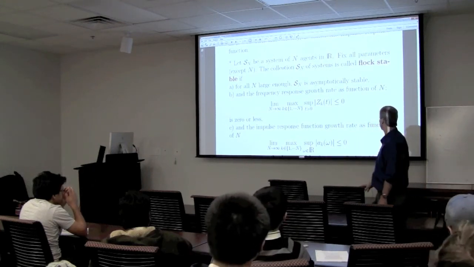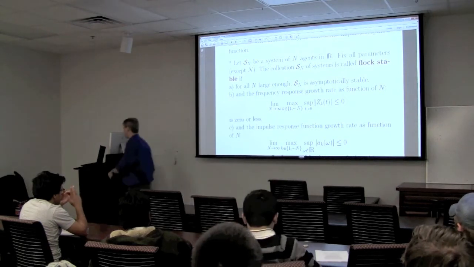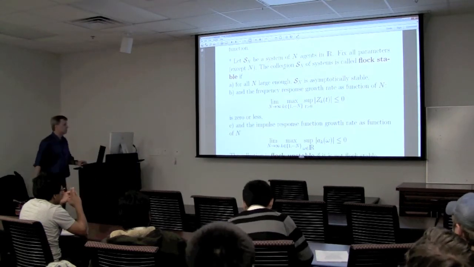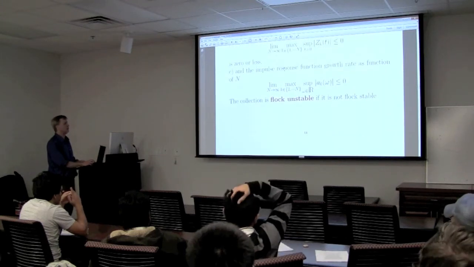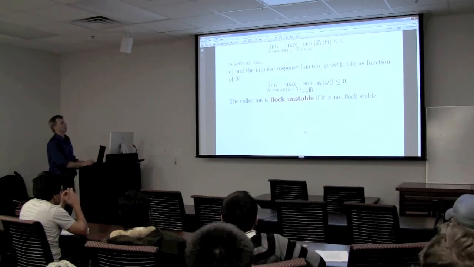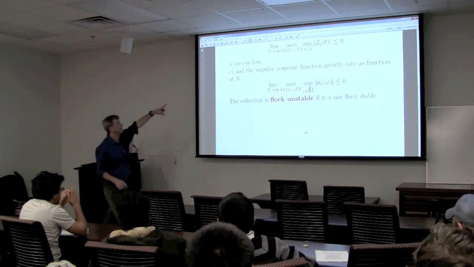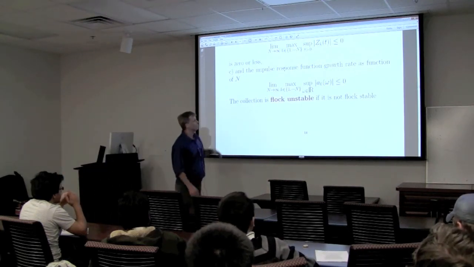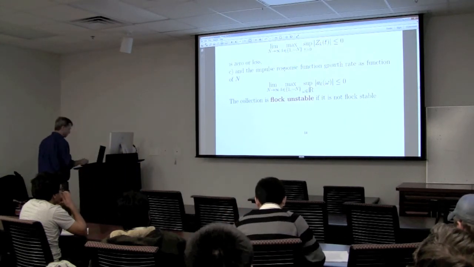I apologize for that. For this talk, I'm not going to really look at the frequency response. So we're going to look at that expression on top of the screen, okay? And if that grows exponentially, we say it's flux unstable. That's the message.